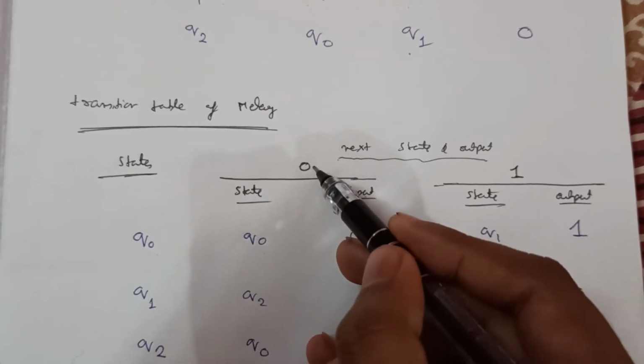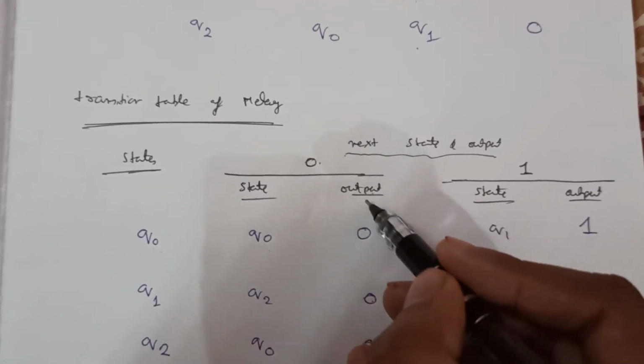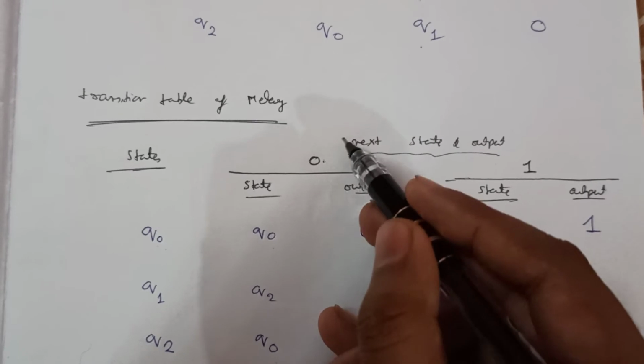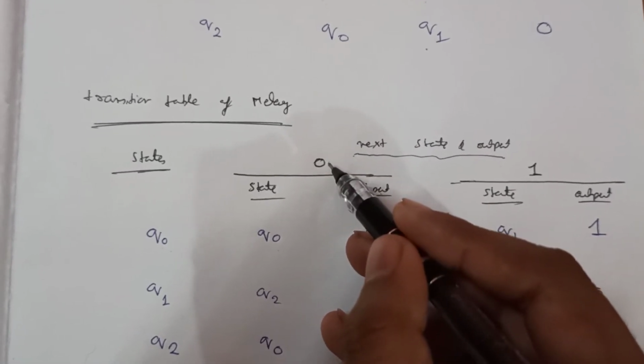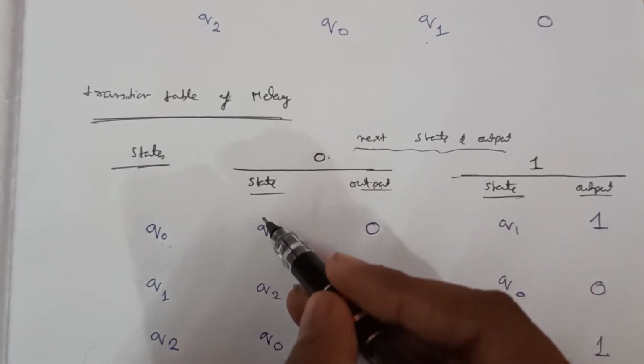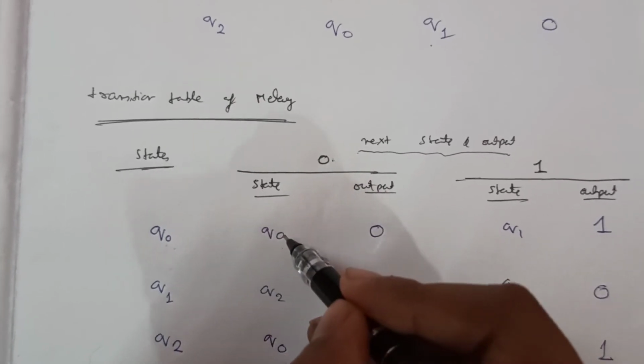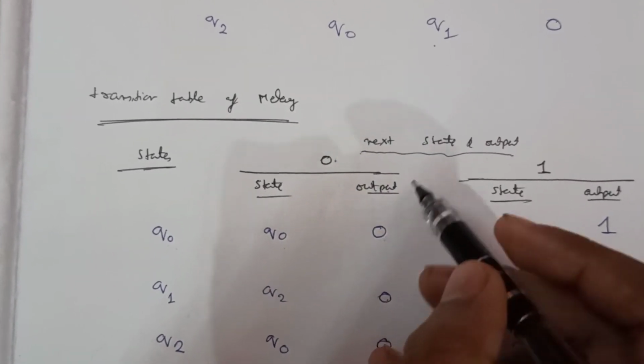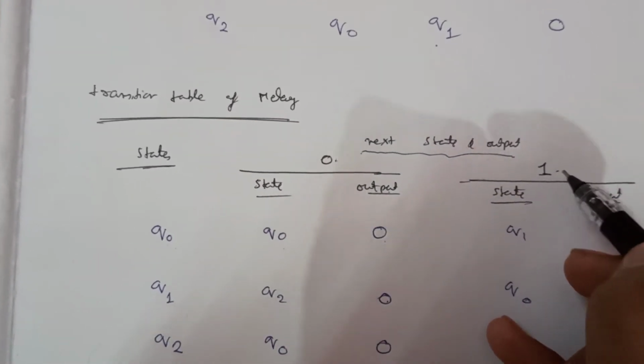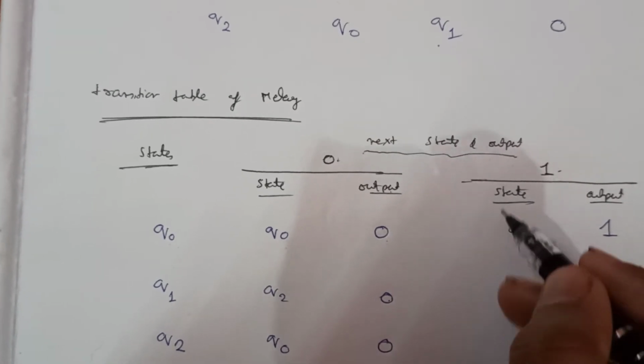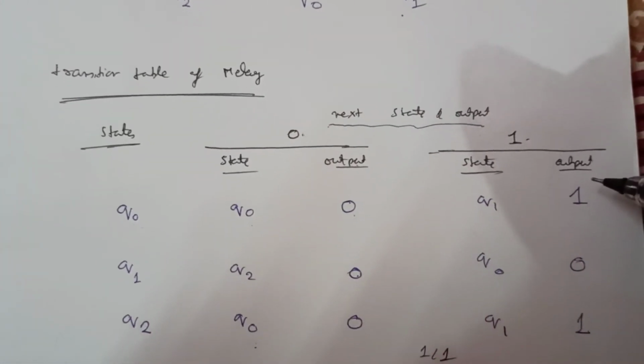So the state and output depend on the input symbol. If it receives input symbol 0, then it goes to a particular state, and according to this state we get the output. And if it gets input symbol 1, then it goes to a different state, and according to that state we get our output.